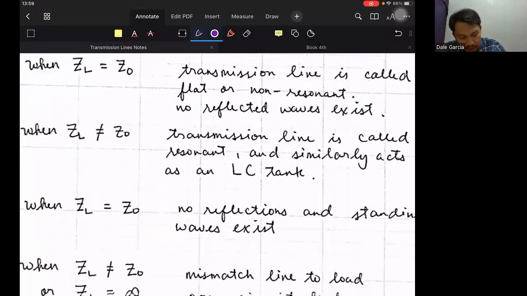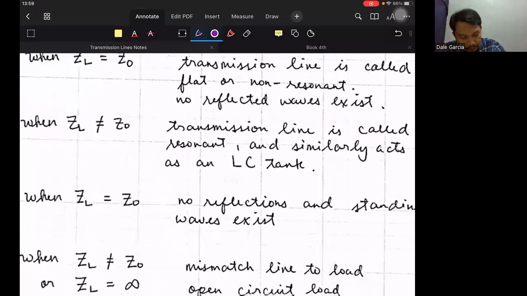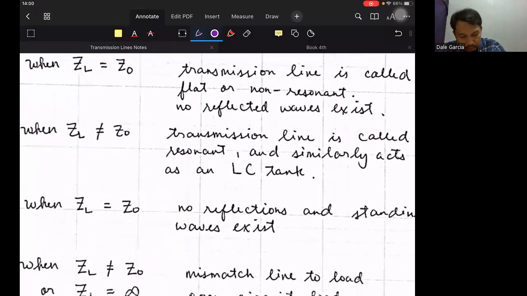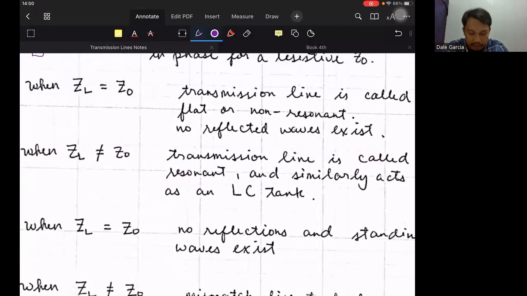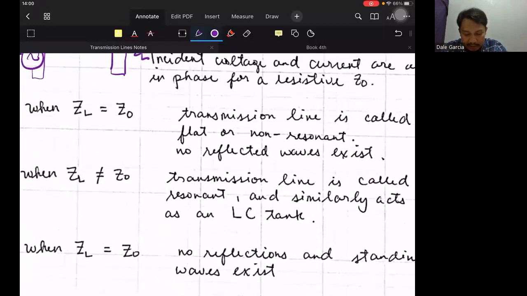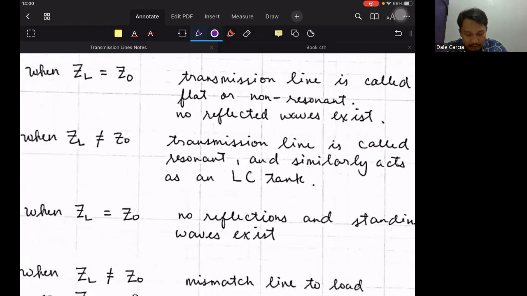But for the 3 other situations, the transmission line is called resonant and similarly acts as an LC tank.